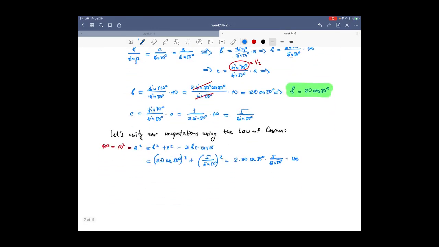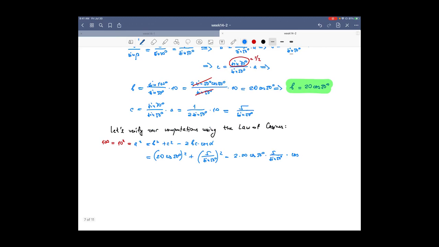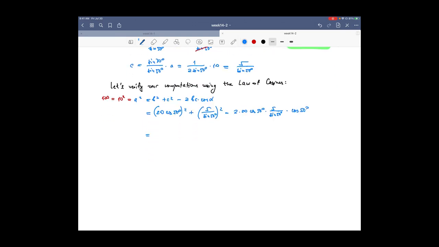Alpha is 50 degrees. Somehow this should simplify to 100. Let's see how.